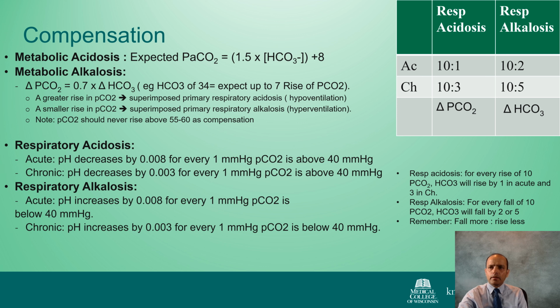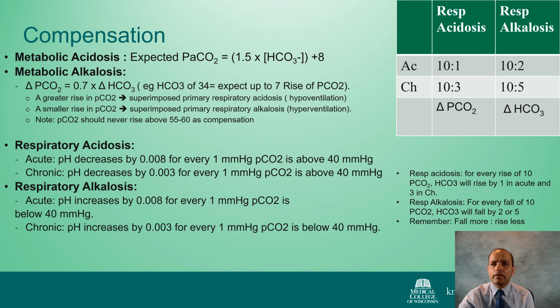So in respiratory acidosis, whenever carbon dioxide goes up, let's say by 10, pH is supposed to go down by 0.08. So if somebody has a PCO2 of 50, which is 10 above the normal, pH is supposed to go down by 0.08 if it is acute.